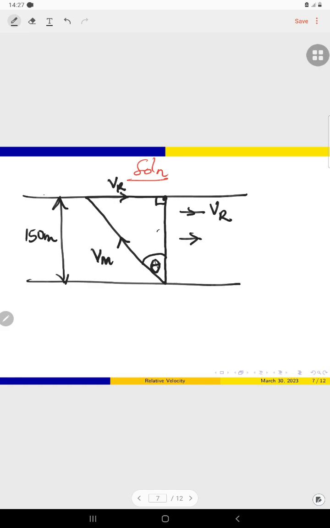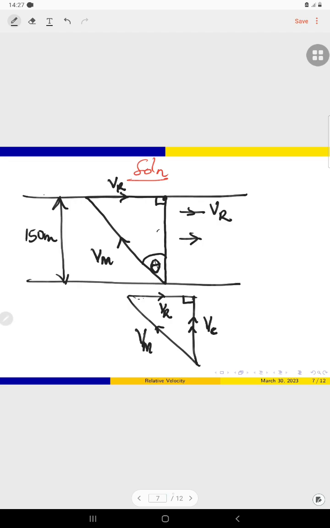So we can redraw this diagram. This is the velocity of the man, Vm, this is Vr, and this is going to be our resultant velocity. You can use Vc or any letter, or the letter I used in the notes.